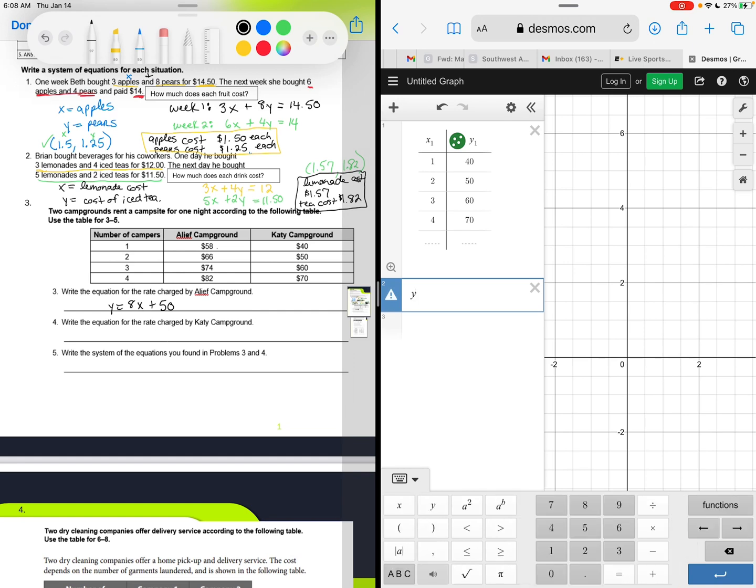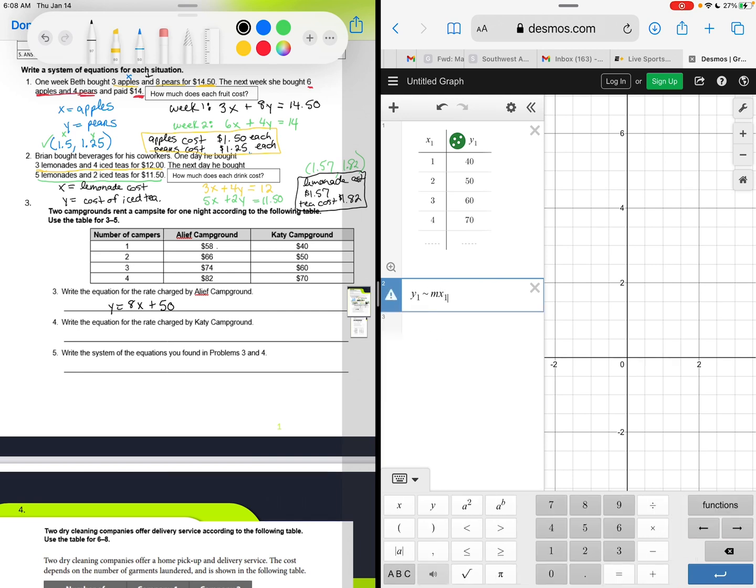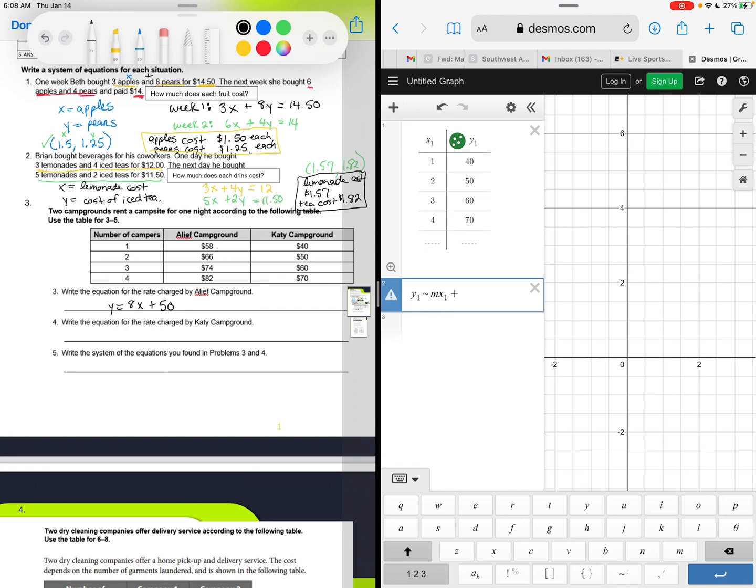So y sub 1 squiggly mx sub 1 plus b. All right, this tells us that our slope is 10 and our y-intercept is 30. So our equation is y equals 10x plus 30. So the basic fee is a little bit lower, $30, but for each camper it costs a little bit more, $10 per camper.